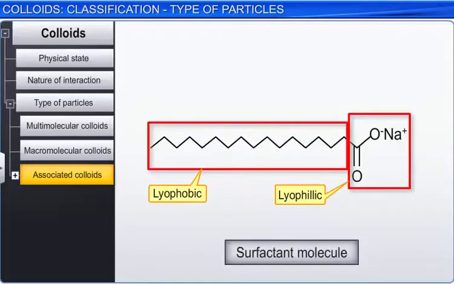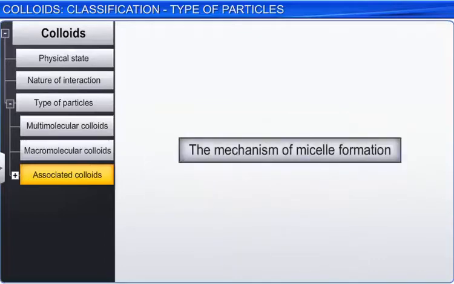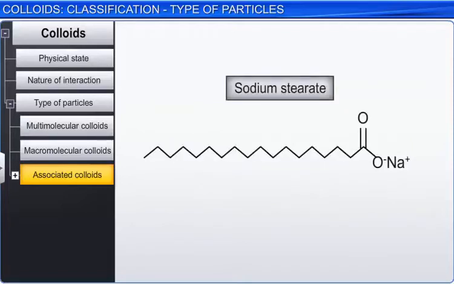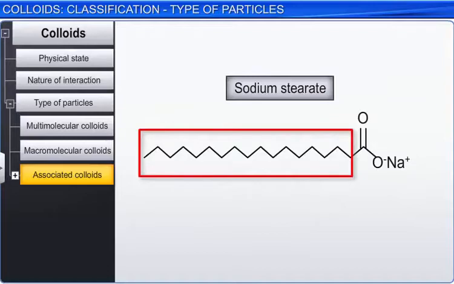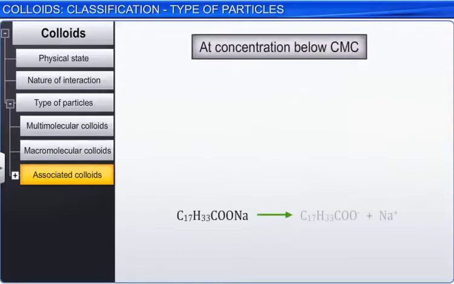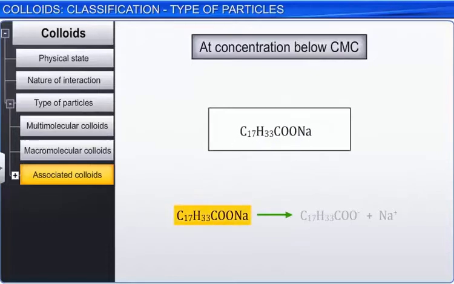Let us now discuss the mechanism of micelle formation. In sodium stearate, the long hydrocarbon part of stearate radical, that is, C17H35, is the lyophobic end, while COO- is the lyophilic end. When the concentration of the solution is below its CMC, sodium stearate behaves as a normal electrolyte and ionizes to give sodium and stearate ions.